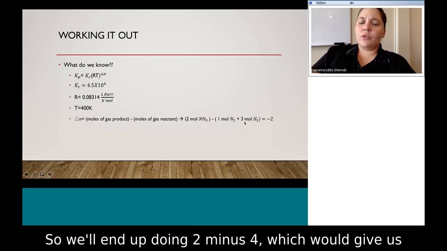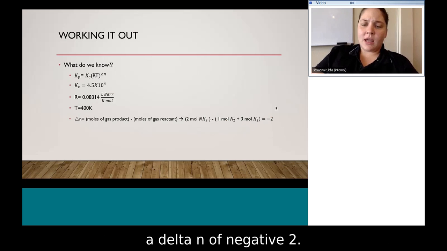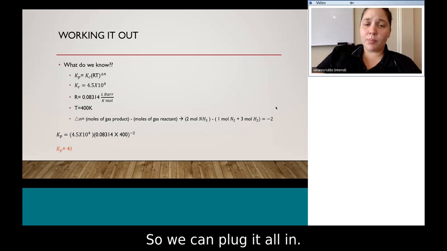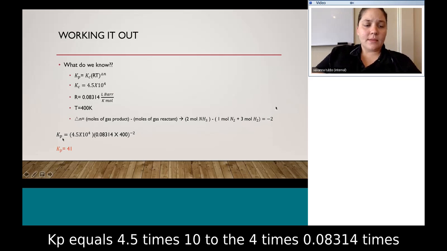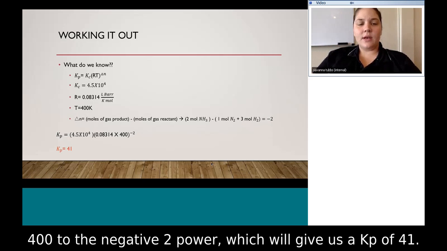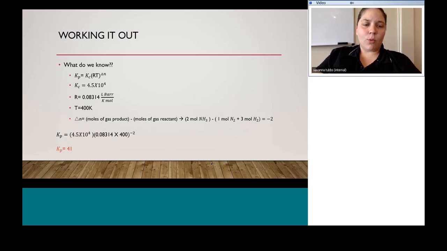So we'll end up doing 2 minus 4, which would give us a delta N of -2. So we can plug it all in. Kp equals 4.5 times 10 to the 4 times 0.08314 times 400 to the -2 power, which will give us a Kp of 41.